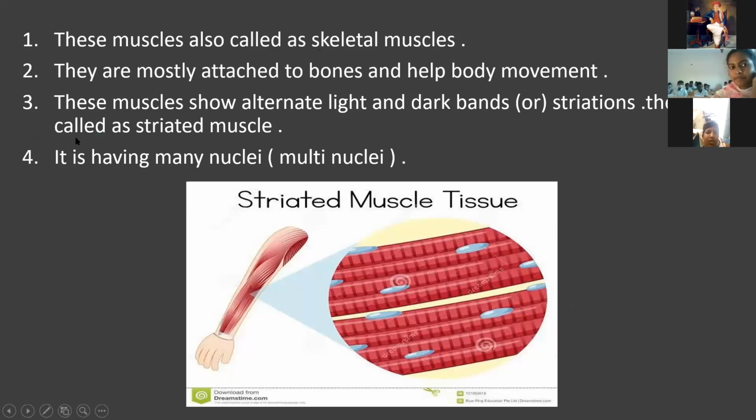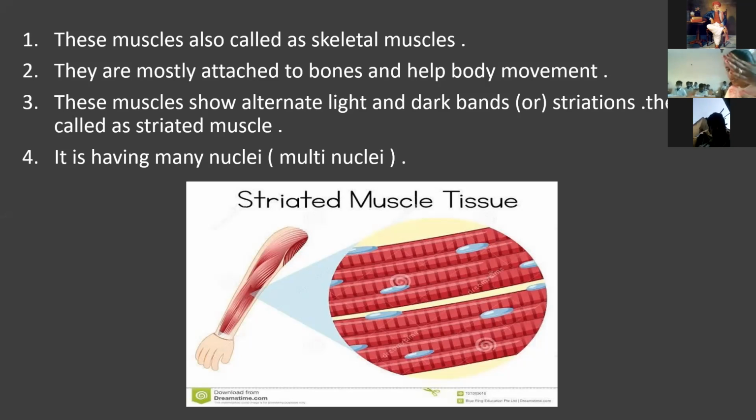The voluntary muscles are also called skeletal muscles. They are almost all attached to the bones and help in body movement.